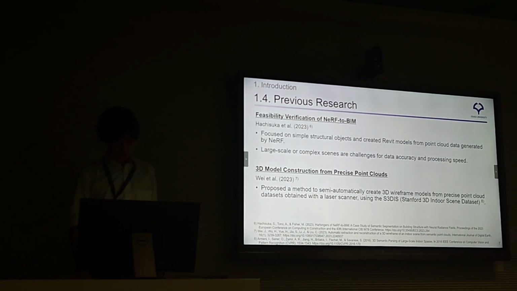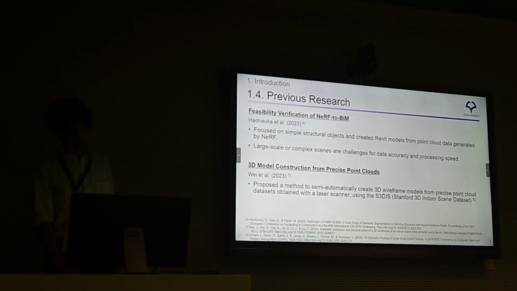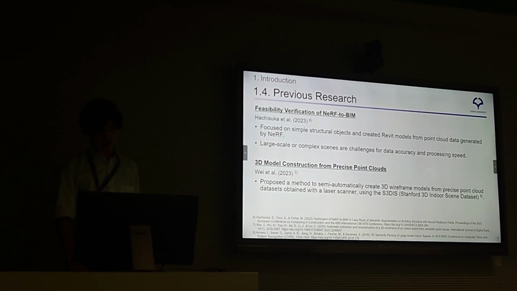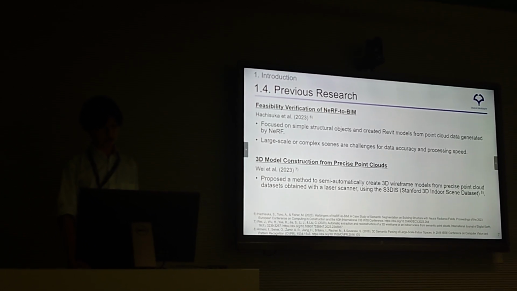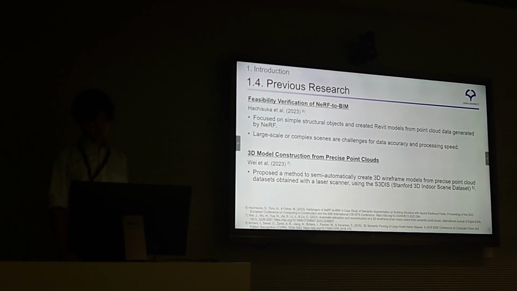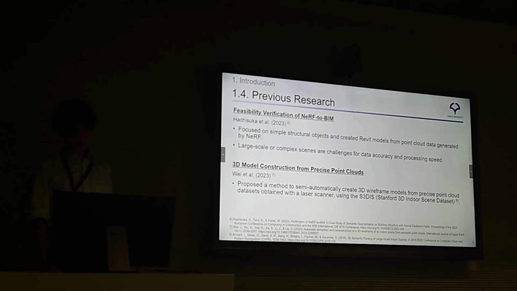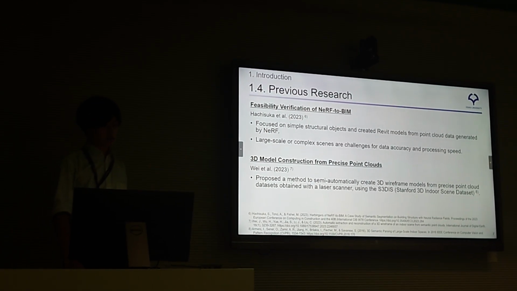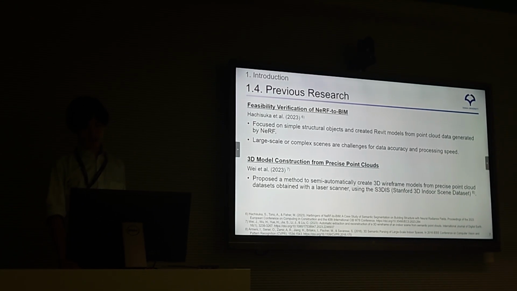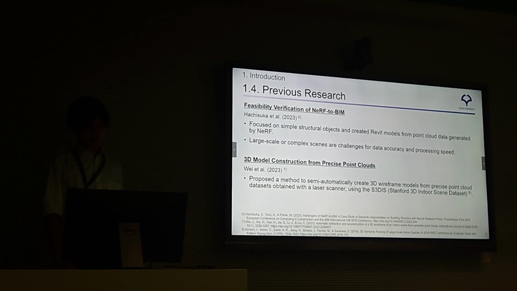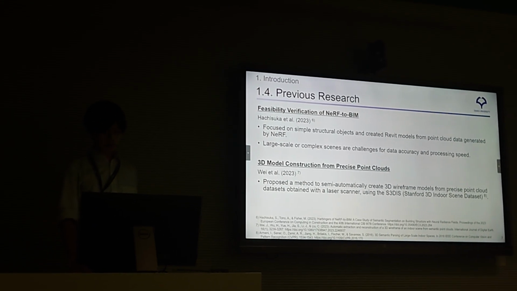As for the previous research, there has not yet been any research conducted on creating BIM using 3D Gaussian splatting. Hashizume et al. are investigating the feasibility of NeRF BIM, but it faces challenges in terms of data accuracy and processing speed, especially for large-scale or complex scenes.